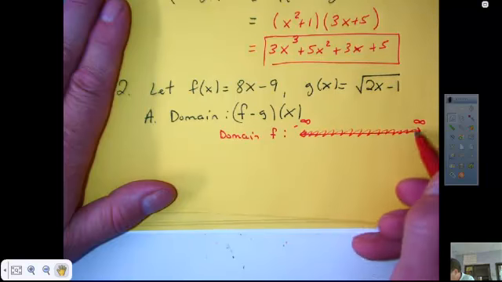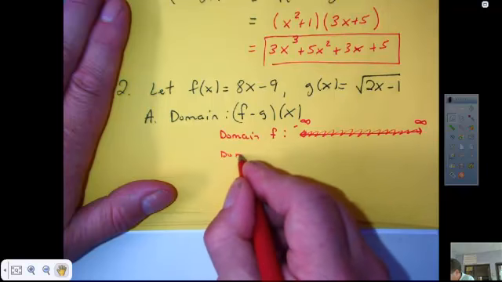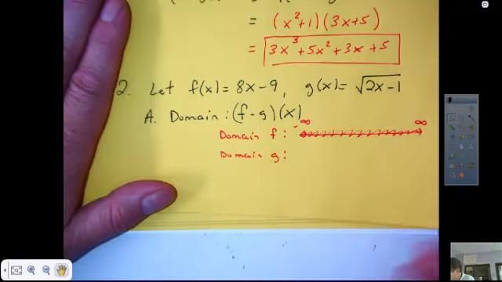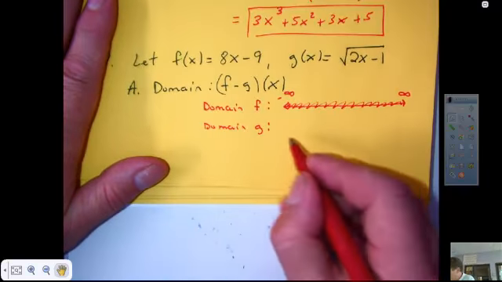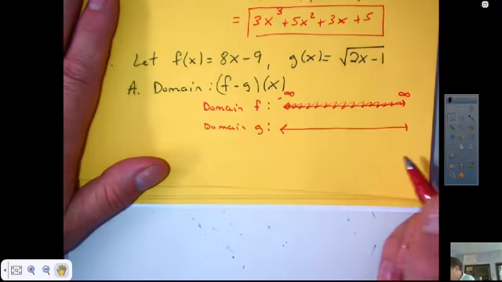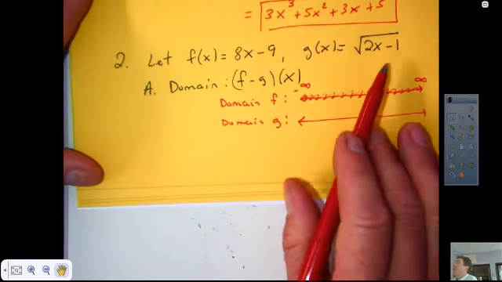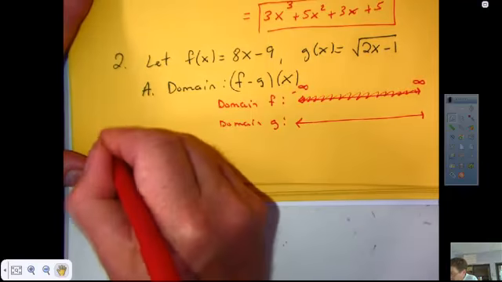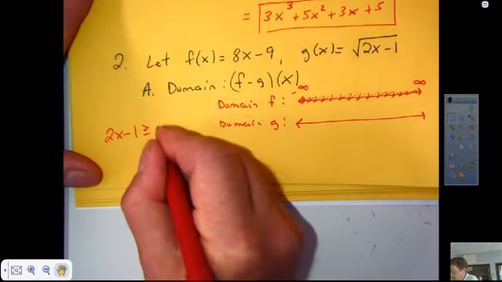And then underneath I'm going to write the domain of g. Now what's this going to be? Remember, for a square root, I need what's underneath the radical, the 2x minus 1, to be greater than or equal to 0.